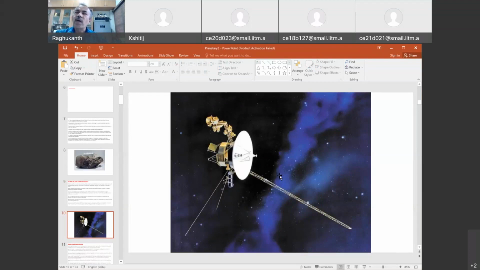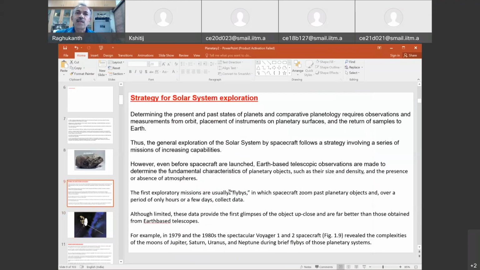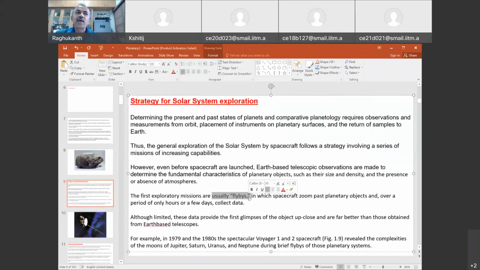So Voyager 1 and Voyager 2 are flybys; they just went past, took photographs and gave some information about the planets. This is the second step. The first step is telescopic observations, and the second step is flybys. We collect some data and images, and because the spacecraft passes the planet, it gives photographs and images, though only for some hours or a few days.